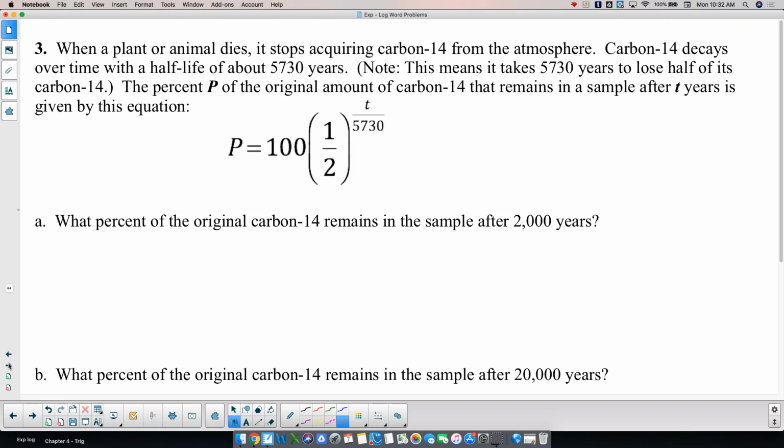The percent P of the original amount of carbon-14 that remains in the sample after T years is given by the equation P equals 100 times 1/2 to the T over 5,730 power. What percent of the original carbon-14 remains in the sample after 2,000 years? Well, 2,000 here, is that a T or is that a P?